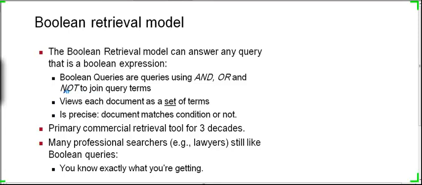But actually the kind of queries that modern search engines accept are called free text queries. Free text queries means that you just type in whatever sequence of words comes to your mind intuitively. You're not consciously thinking of Boolean operators connecting those terms.